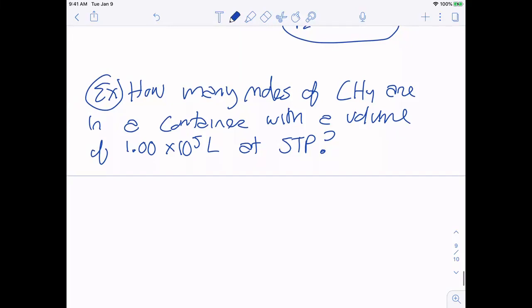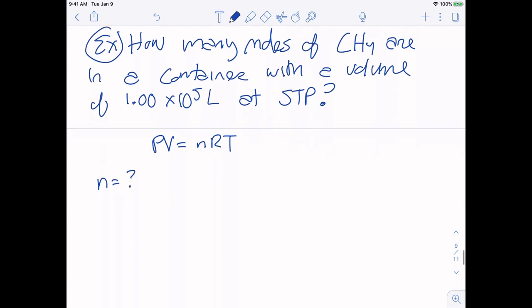This one is actually just a straight ideal gas law equation. We don't have to do any rearranging or come up with our own equation. We're looking for the number of moles, so N is my unknown. I do have a volume given, 1.00 times 10 to the 5th liters.